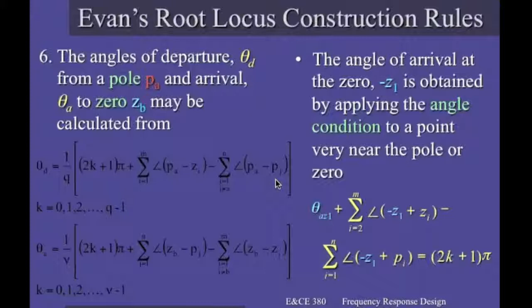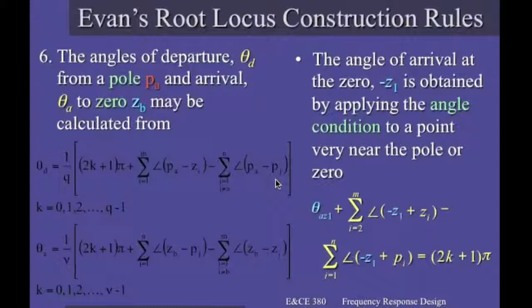Similarly, it is possible to calculate the angles for trajectories approaching a zero of multiplicity larger than 1. And the formula is in principle the same.